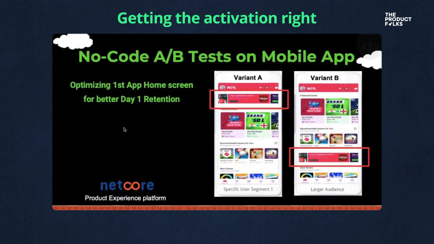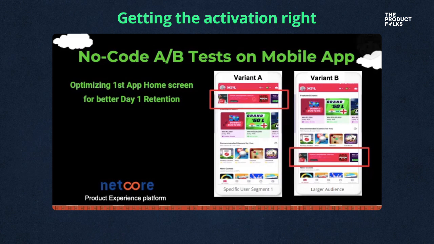The same way we spoke about some of these nudges, we also mentioned experimentation. Being able to do nudges on the fly and A/B tests on the fly becomes equally important. In this case, you would see the home screen banner.